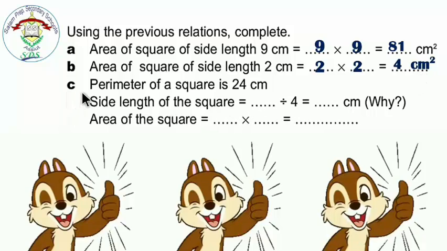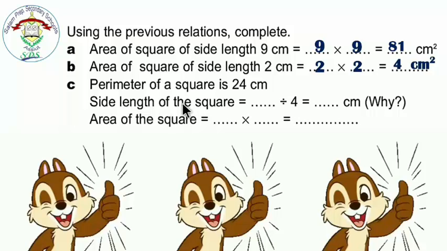The third one, perimeter of square is 24 centimeters. To find the area of square, we should find first side length, because area of square equals side length times side length. To find side length of square, please remember the rule.